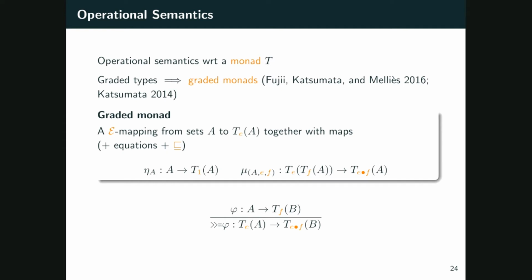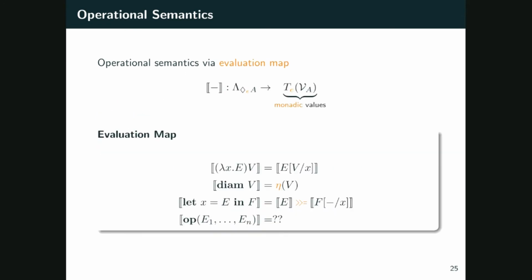And as usual, an equivalent way to define these constructors is using Kleisli extensions or monadic binding, which again should be adapted in a natural way to effect annotations in the effect algebra. And now, fixing a graded monad, we define operational semantics using an evaluation function that simply maps closed computations to monadic values.